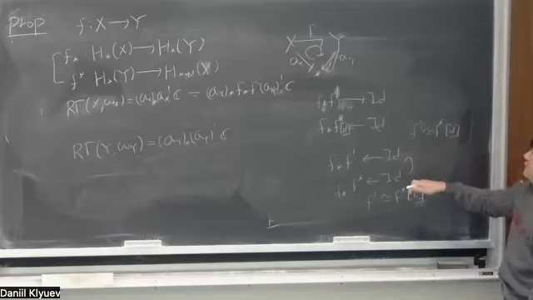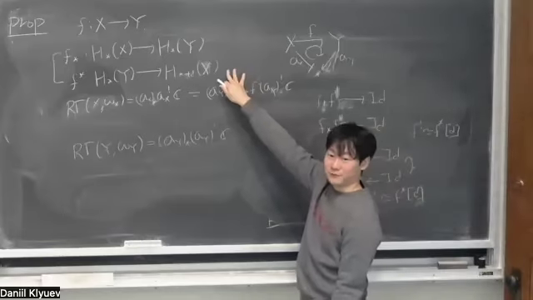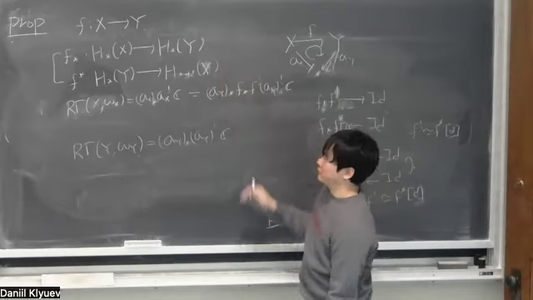I'm just mentioning this: whenever we have this kind of identification, then we can construct this map up to shift. So we get this kind of map.